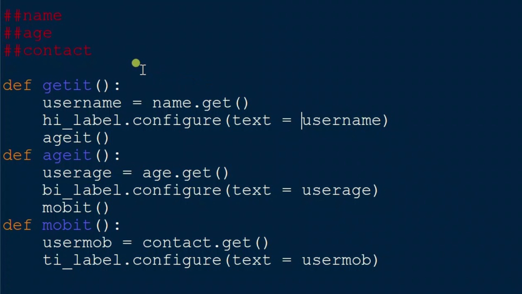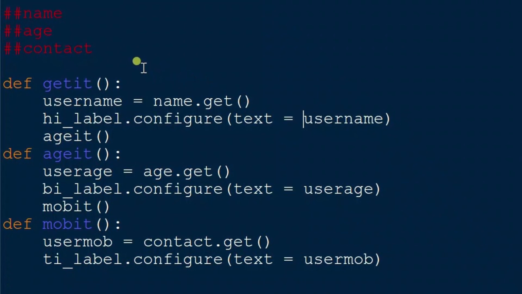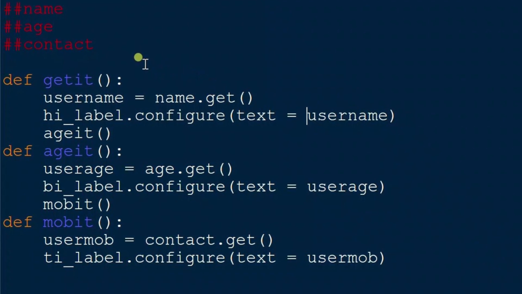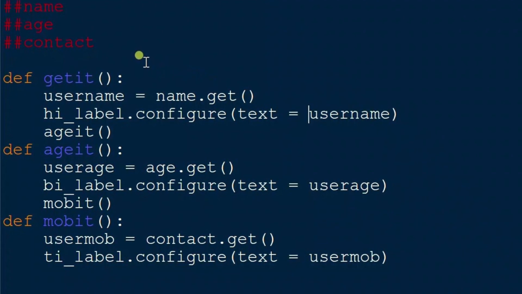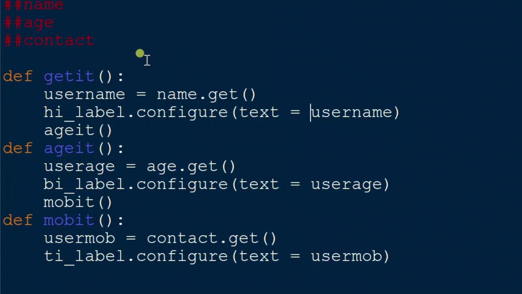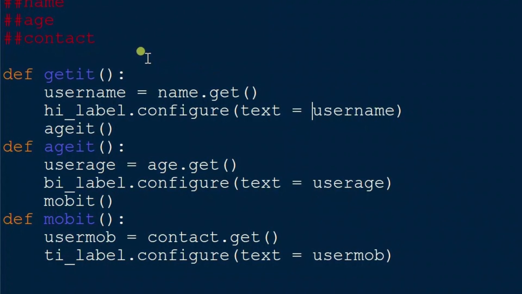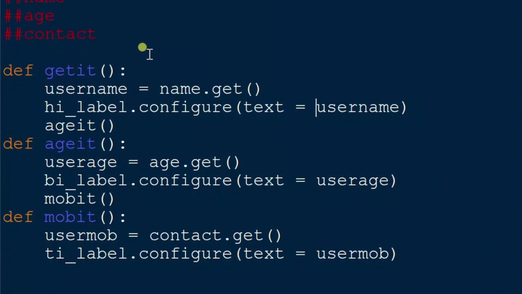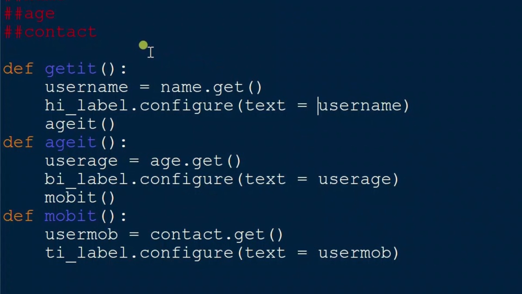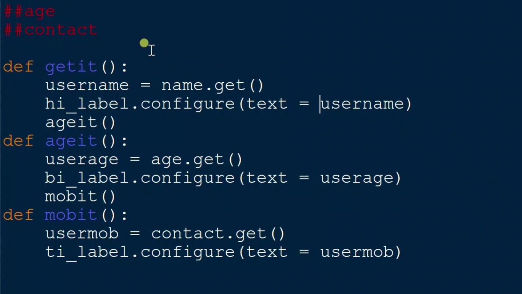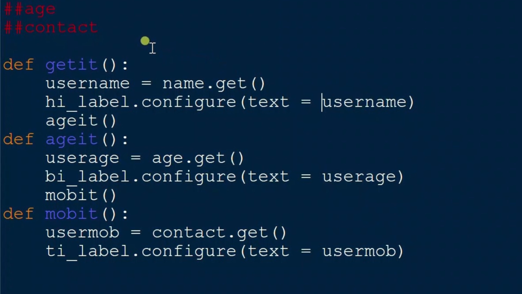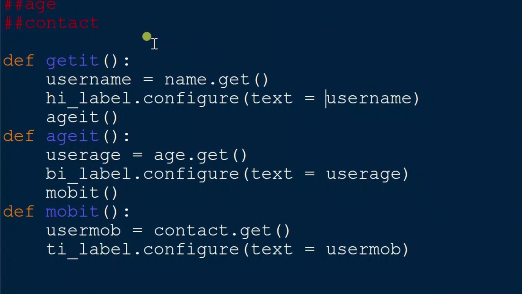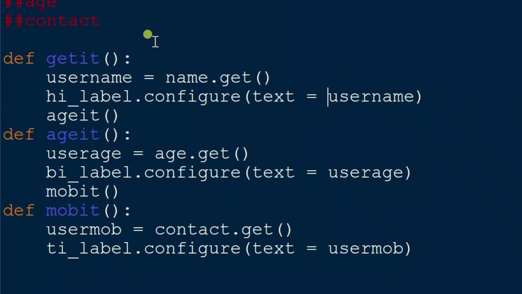Then we asked our code to move to the next definition, mobit, which gets the contact information from the entry provided and configures the corresponding label to the mobile number provided by the user. This is how our getIt command is working to change all the labels and define what the information was given to us on our screen using the three labels.